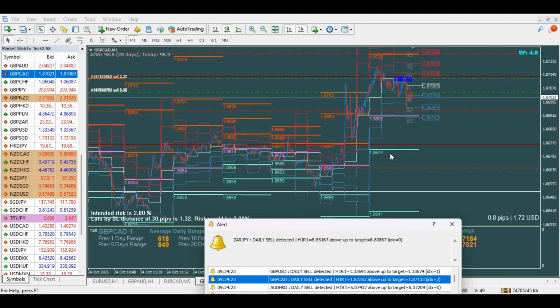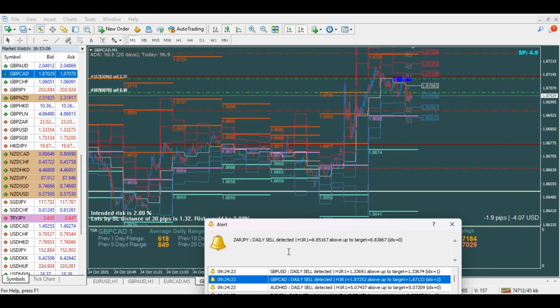So when those conditions are met, the indicator will detect that, and you'll get an alert as it shows here: pound CAD daily sell detected. You see how it says H1R1, and you see the price level here is 1.87252.